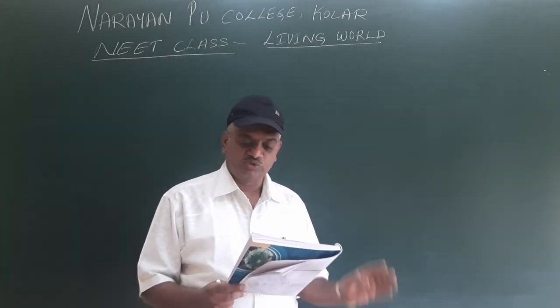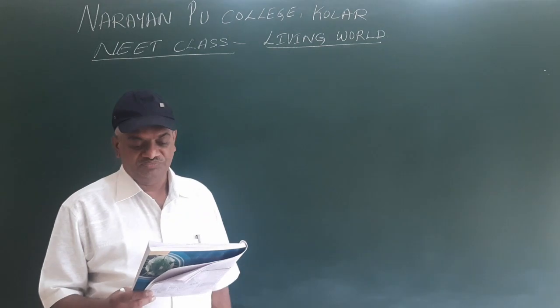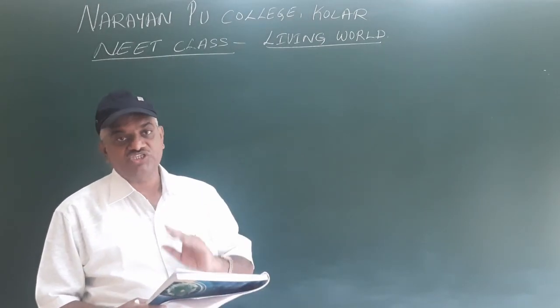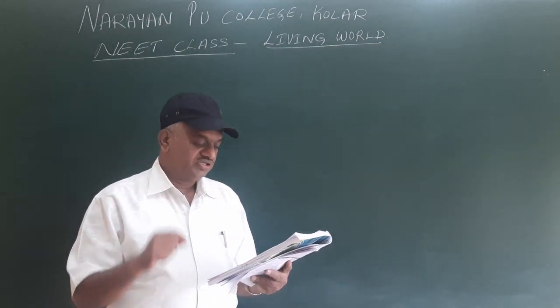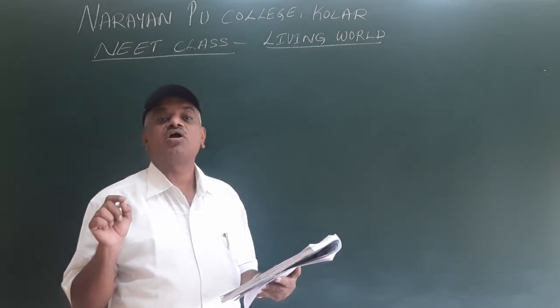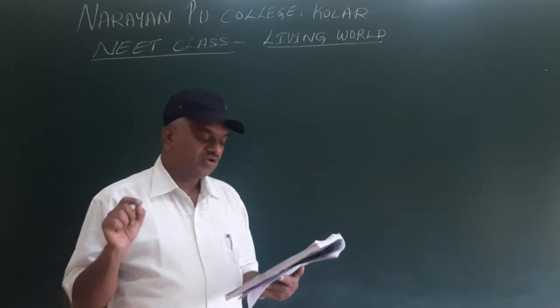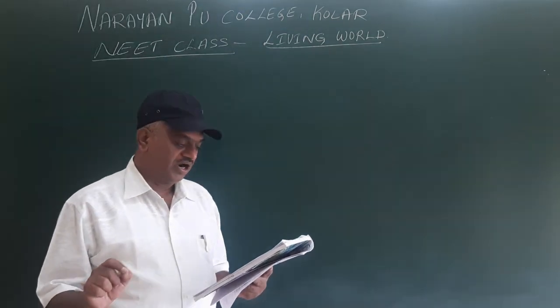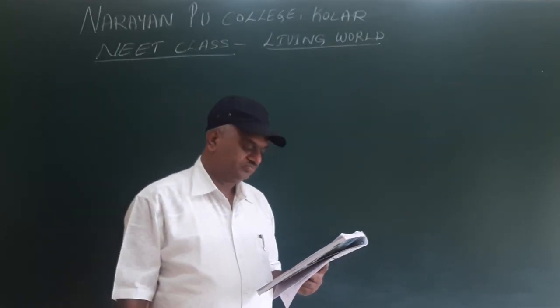Match the following, column 1 and column 2. I am giving out the right answers and finally we will give you the right option. Phylum is chordata. Order is primata.